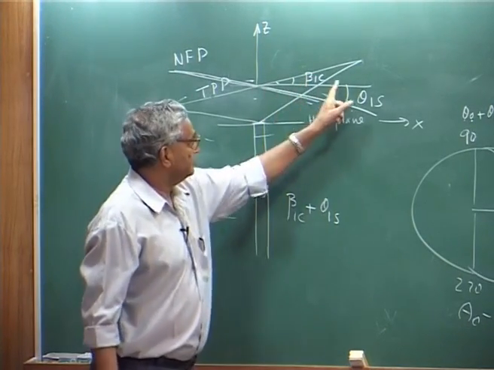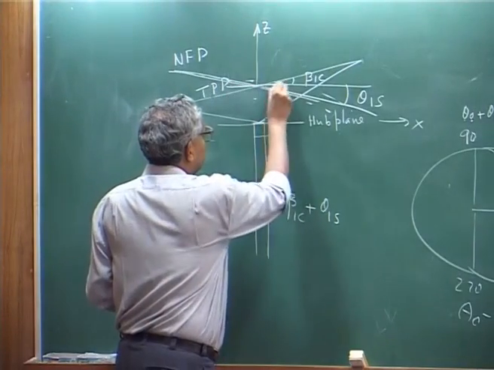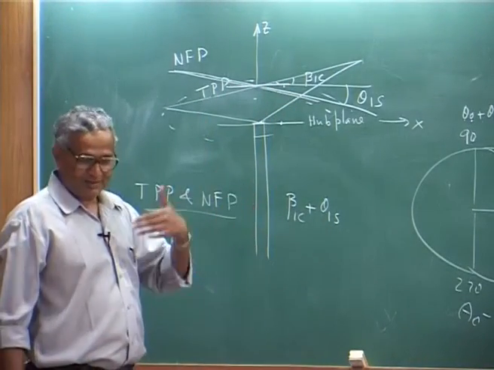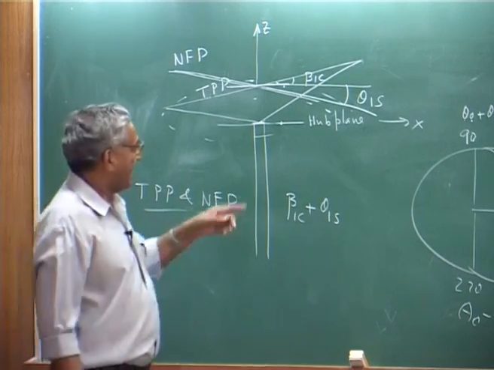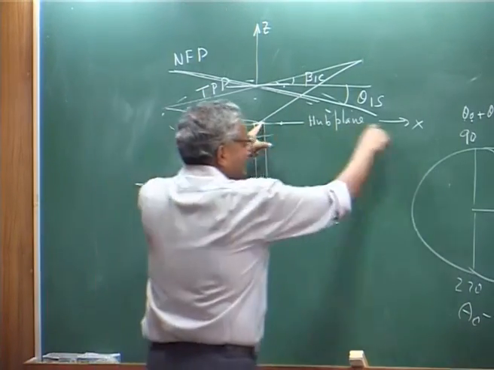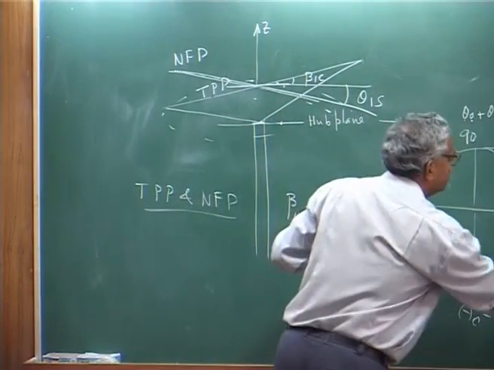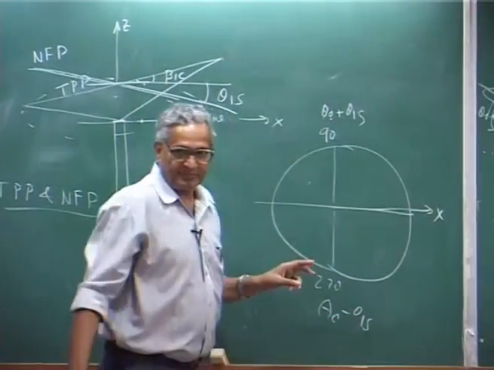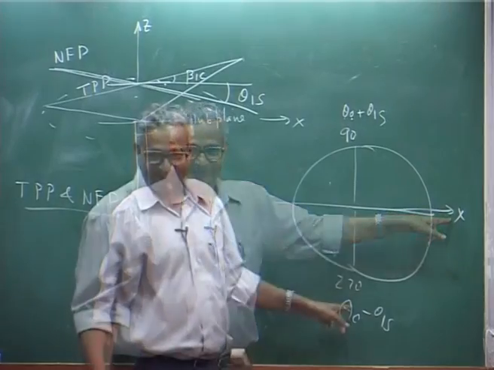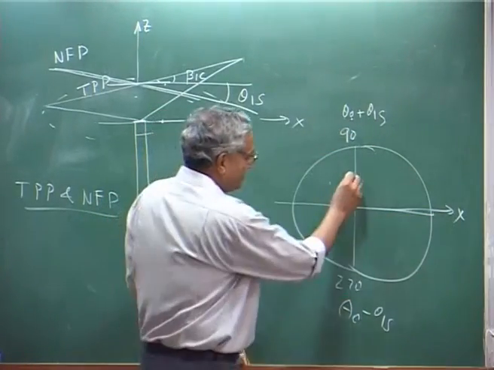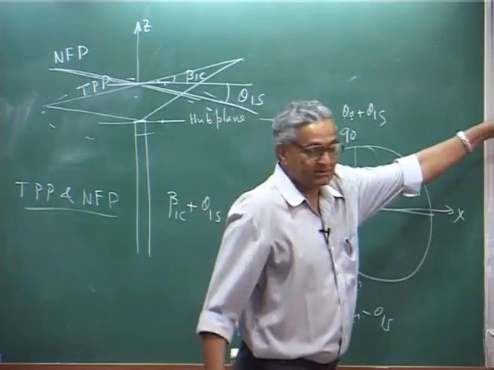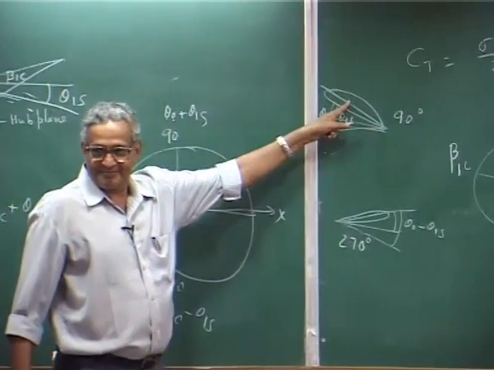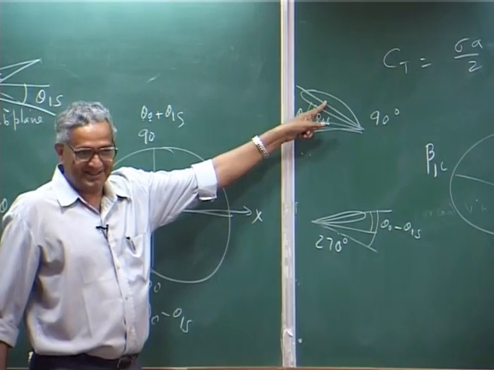This is the hub plane, please understand, this is hub plane, these two are parallel. Port side is theta naught minus theta 1s. Y axis, x axis is here, this is x. See, here aerofoil comes here, okay. I am looking at it, then what will happen? If you look at it, it will be like this. Is it clear?